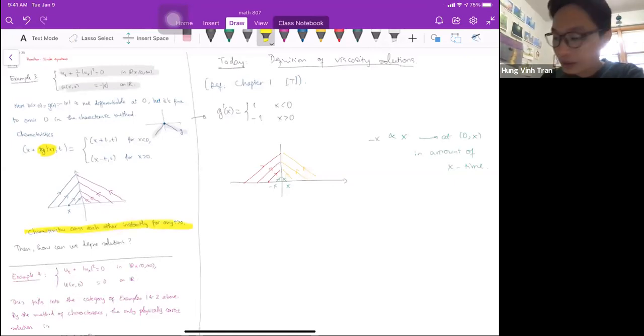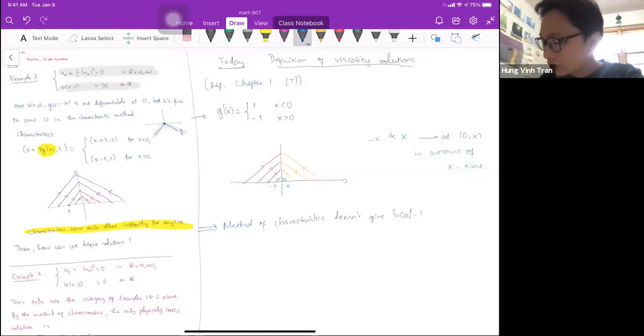This is bad because it means the method of characteristics doesn't even give a local in time solution. You cannot find a small time interval in which characteristics don't cross.